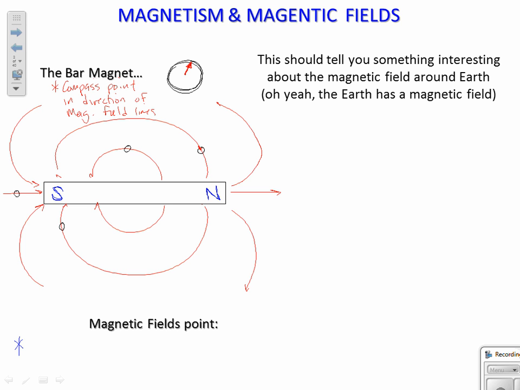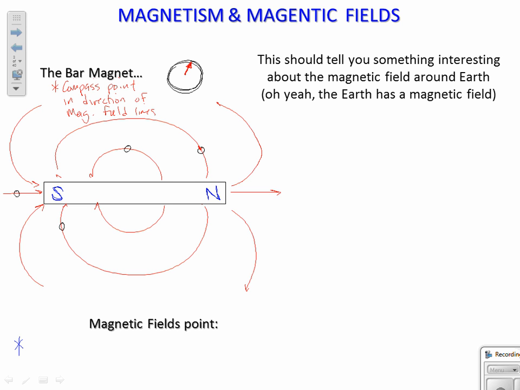Just like we talked about the convention by which we define what direction electric fields point. Electric fields point in the direction of a force on a positive charge. We say that electric fields point away from positive charges and toward negative charges.